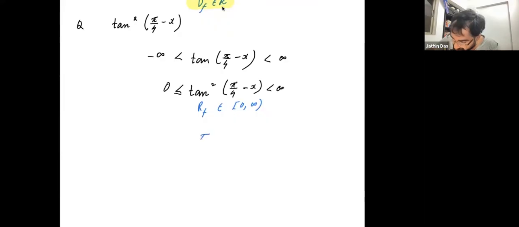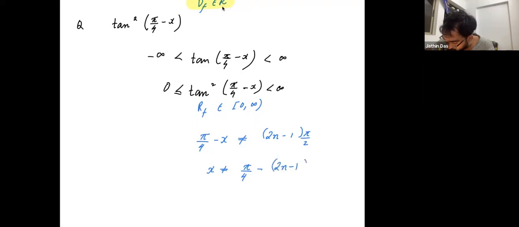Now for the domain you will have to think like this: pi by 4 minus x cannot be equal to 2n minus 1 pi by 2, or 2n plus 1 pi by 2, depending on the value of n. So then you will have to take what x cannot take. x cannot be equal to pi by 4 minus 2n minus 1 pi by 2.